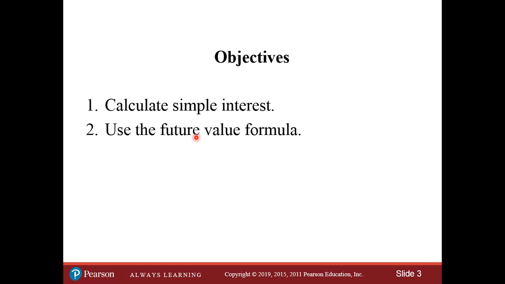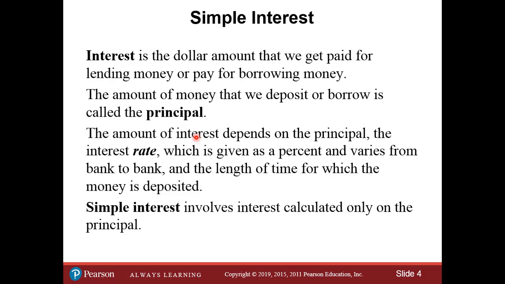So we're going to talk about how to calculate simple interest, and we're also going to use the future value, how to use the future value formula. But you don't need to know the future value formula, as you'll see, but it helps. So interest is the dollar amount that we get paid for lending money, or it's the amount that you pay for borrowing money. The amount of money that we deposit or borrow is called the principal.